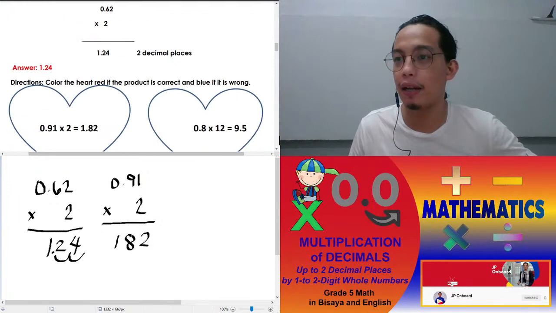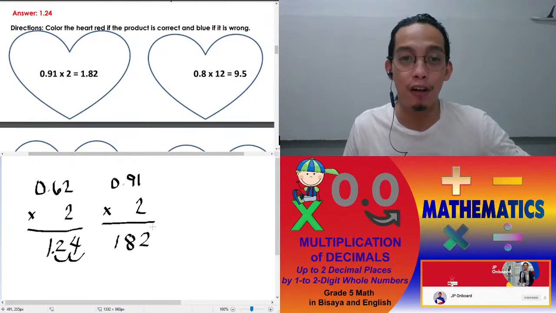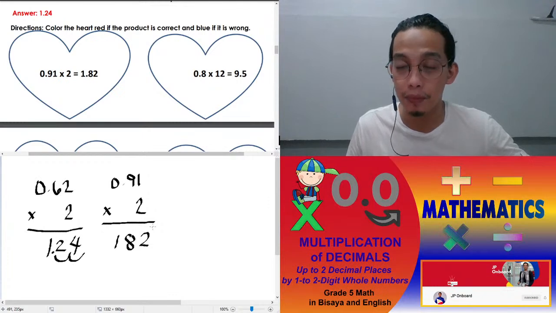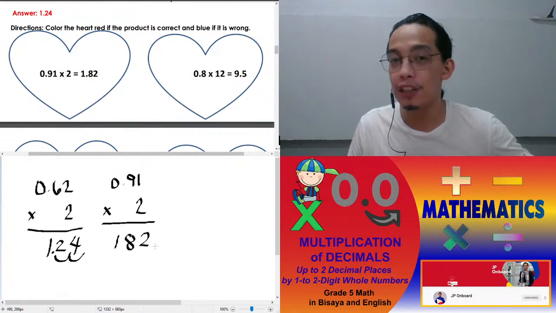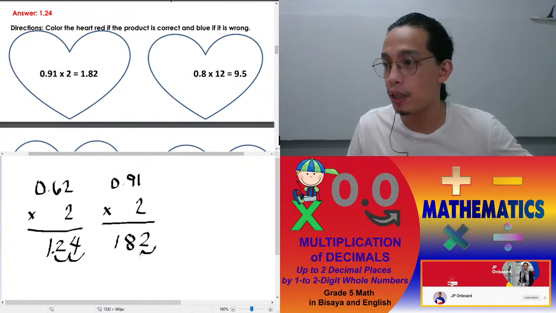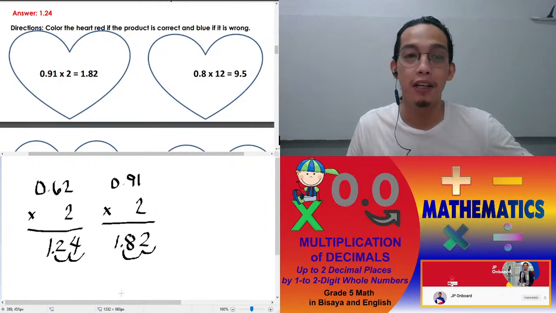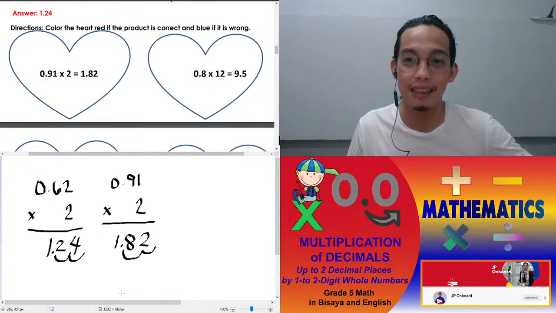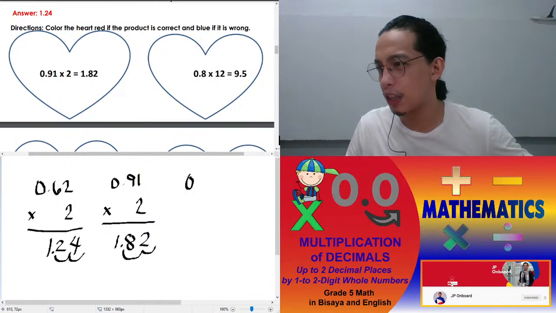No decimal place, correct. So, 2 atong decimal places, care of 0.91. We will place the decimal point, starting from the right, 1, 2. So the answer is 1.82. So it's correct. You will shade this with red because the product is correct. Let's have the other example.